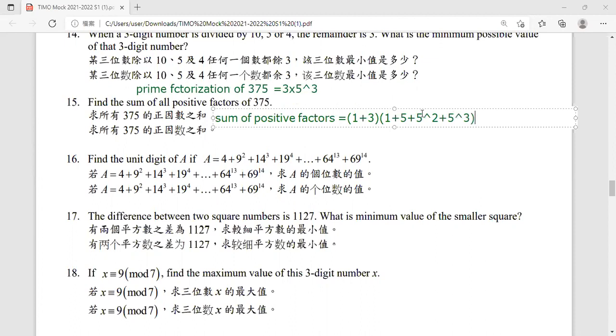Which equals what? 4 times 156, which is 624.